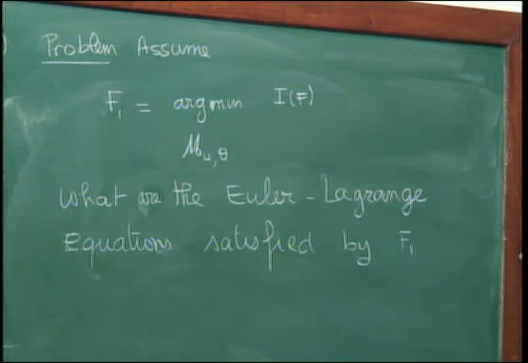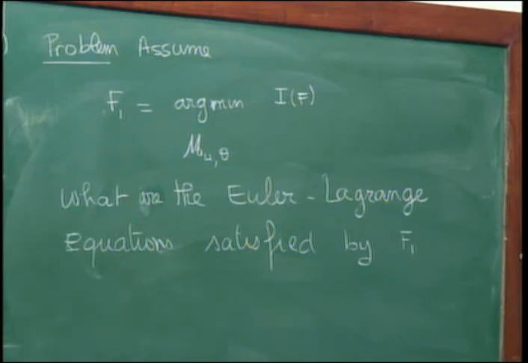So the answer is the Euler-Lagrange equation will be the discrete Fokker-Planck. And what I want to do is to show that it is the discrete Fokker-Planck.